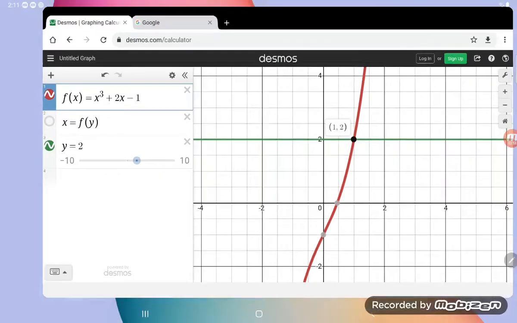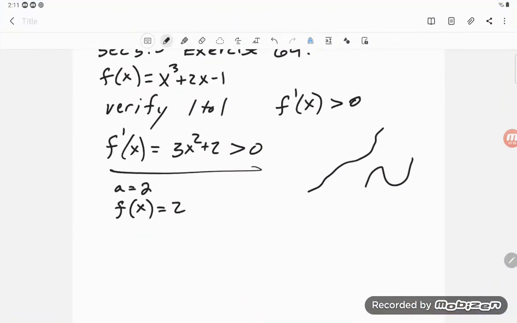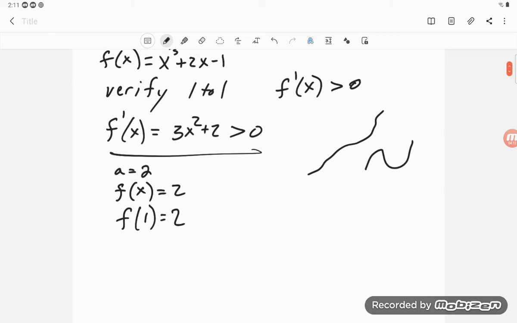And so if I come back here, then what I see is that f of 1 is equal to 2. And I can verify that by putting a 1 in there, and I get 1 plus 2 minus 1. So yes, indeed, f of 1 is 2. And so that means that f inverse of 2 is equal to 1.